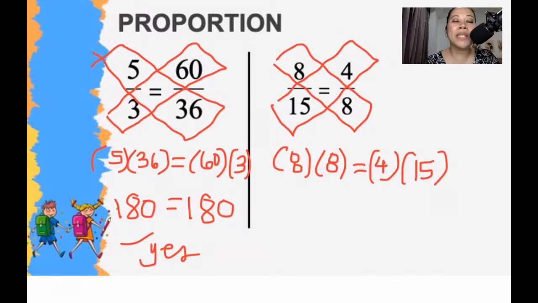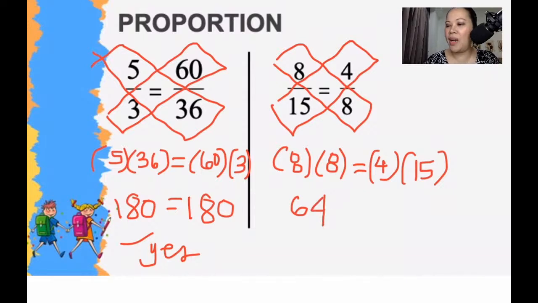You have 8 times 8 equals 4 times 15. Is it a proportion or not? That's right, Punini. Well done. I hope I have pronounced your screen name correctly. 64.